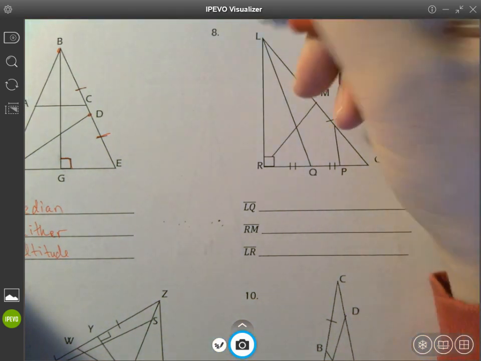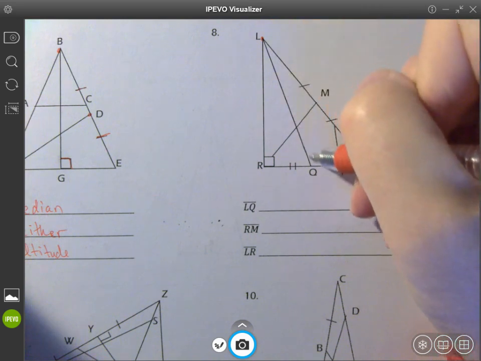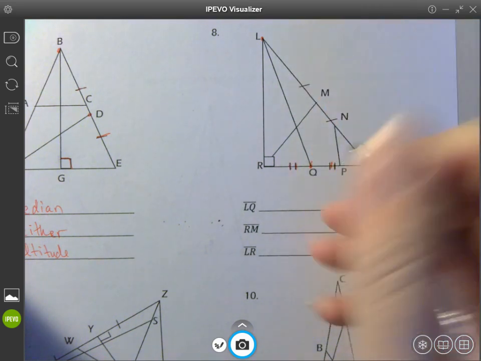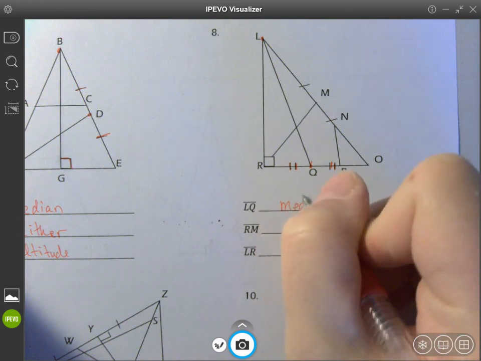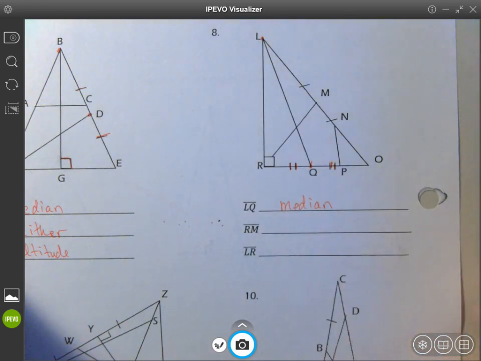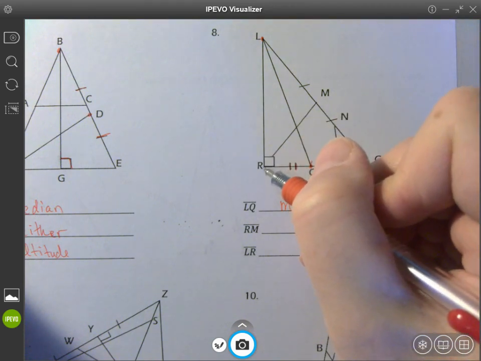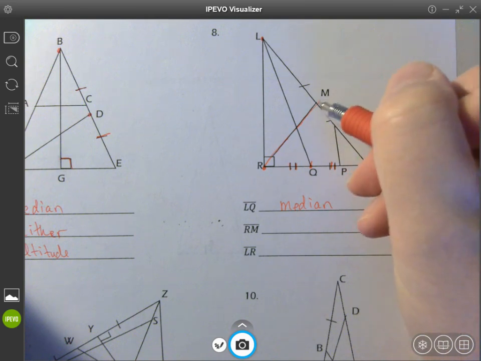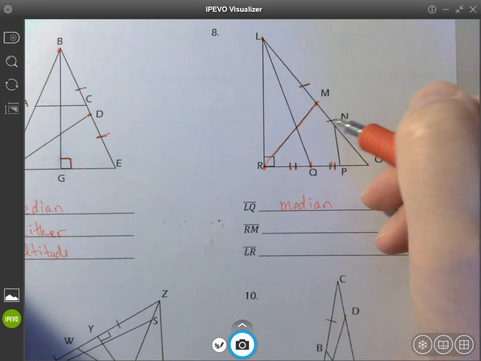All right, LQ goes from here. And if you look, this is a midpoint because we see these are marked. So that makes LQ a median line. RM, all right, now RM is a tough one because you're looking at this 90 degree, but that's the vertex. Ignore the 90 degrees. It cuts over here, and you can see that this is marked congruent.